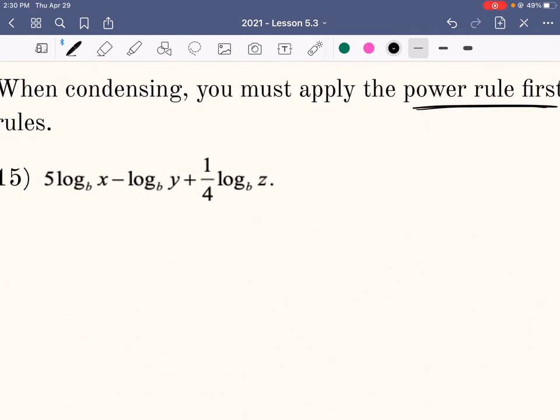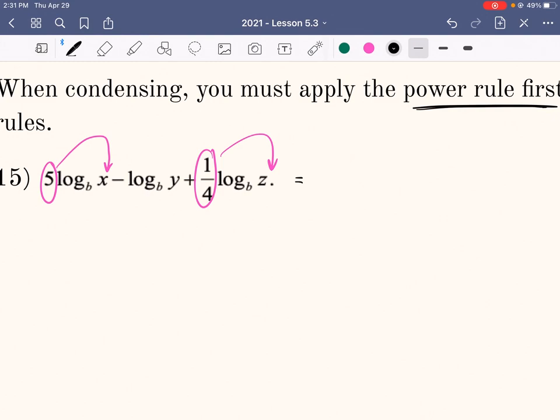So we cannot combine logarithmic expressions, even with the same base, if they've got these powers out in front. So you have to make sure that you just have log of something plus log of something minus log of something, no numbers out in front. So we're going to move these powers right here and right here to become the exponent.